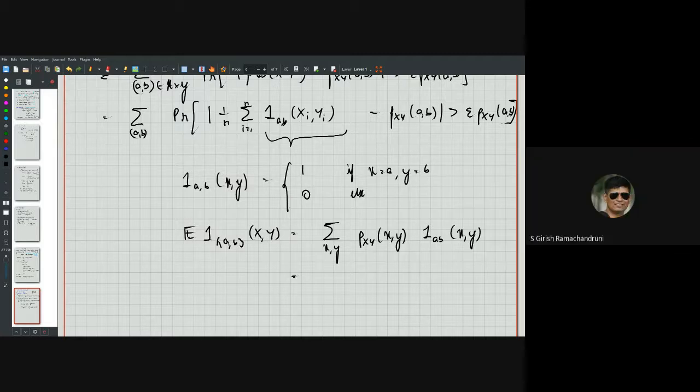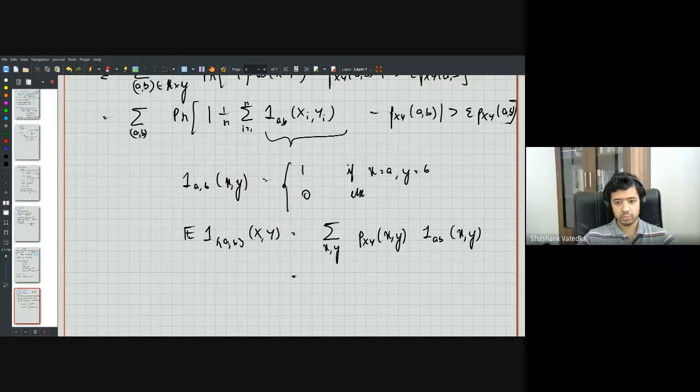Two, sir. Why 2? What kind of a random variable is the indicator of (x, y)? It takes only two values, right? It's either 0 or 1.